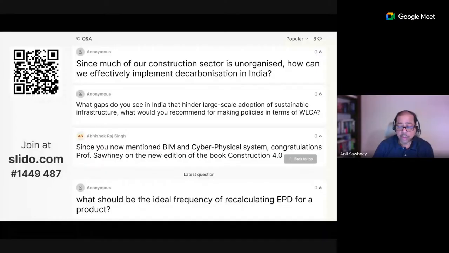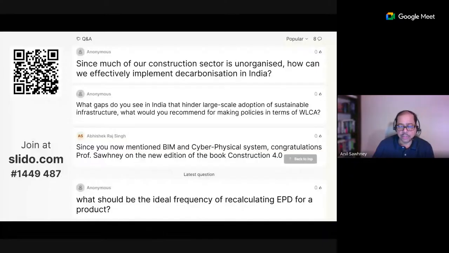And more manufacturers are being encouraged to provide EPDs. So it's like the labels on the food that you buy. Let's say you buy a packaged food. In most countries now, you have to declare calories, sugar, salt. Same way you are declaring through these EPDs the GWP values for the product that you're selling.